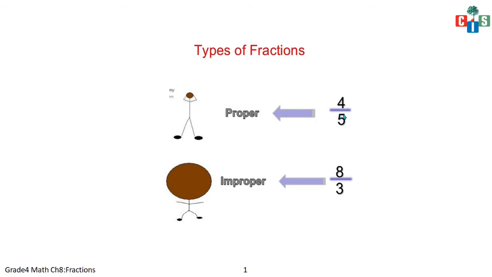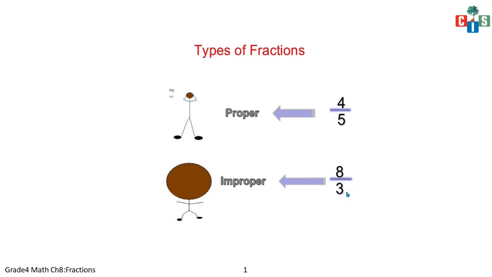Okay, what's the quality of a proper fraction? The head is the numerator. The numerator is smaller than the denominator. It's known as a proper fraction. And when the head is bigger, that is, the numerator is bigger than the denominator, now this fraction you must not have seen.